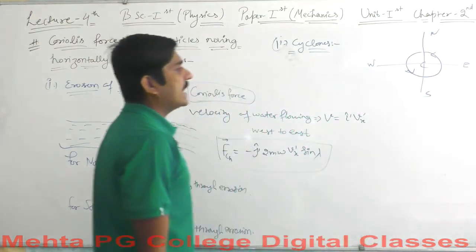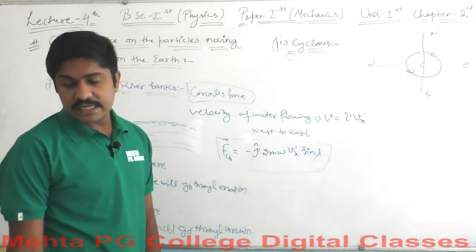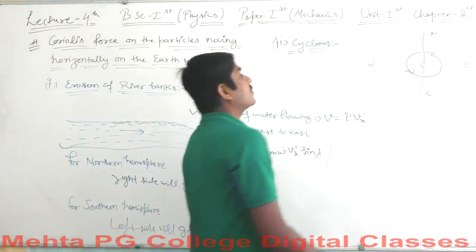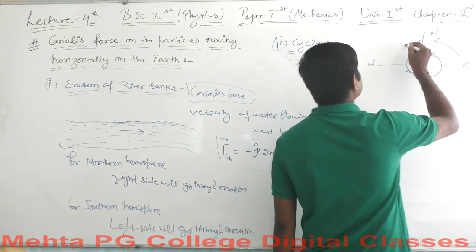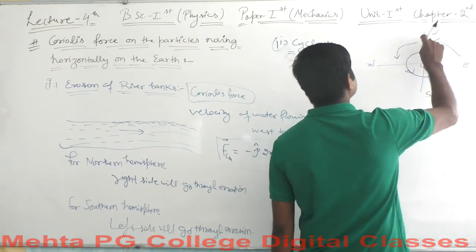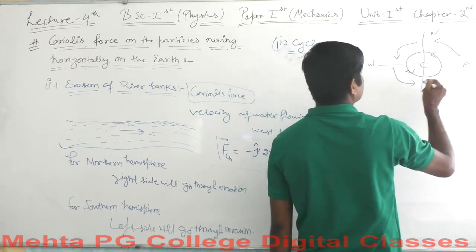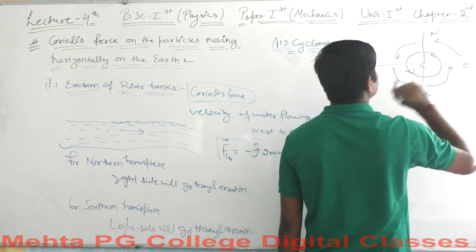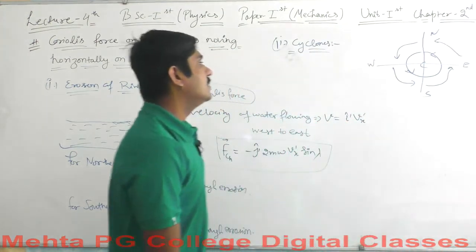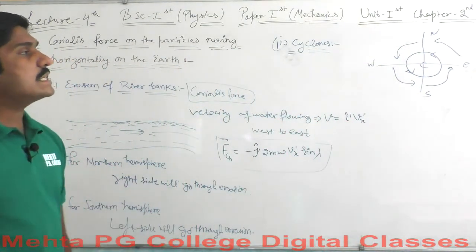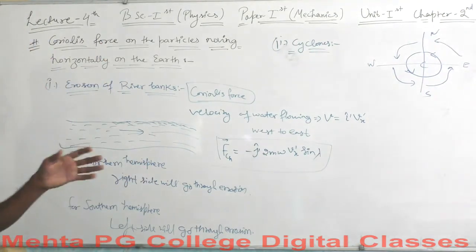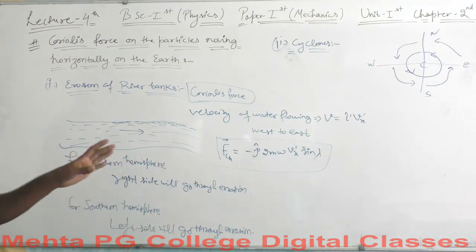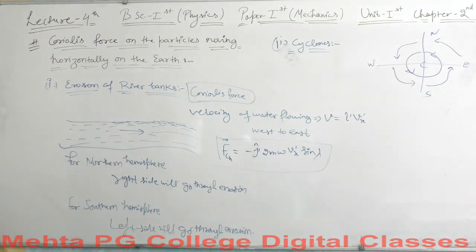Here we got all the directions. So what happens exactly, the air will keep on coming from the eastward direction here. Again this air will keep on going in this direction, and from this to this direction. So the continuous flow will keep on going, and the cyclone will keep on running until the air goes through the same phase. Even if the phase does not change, the air will keep on going in these directions here.